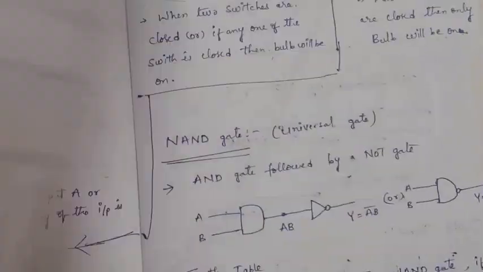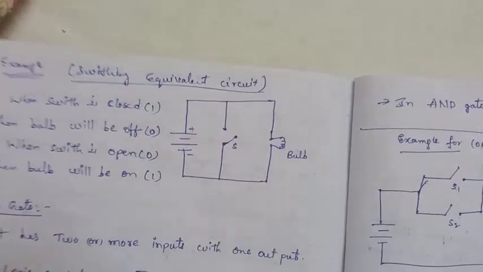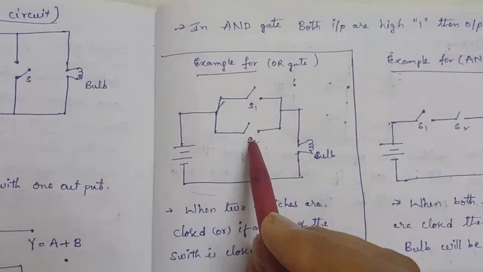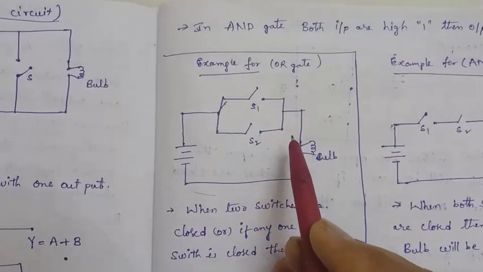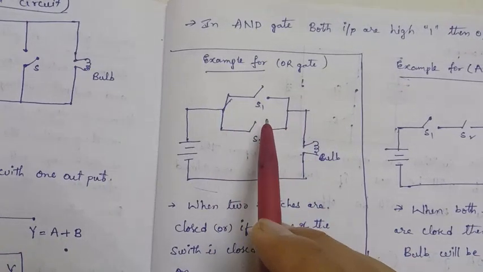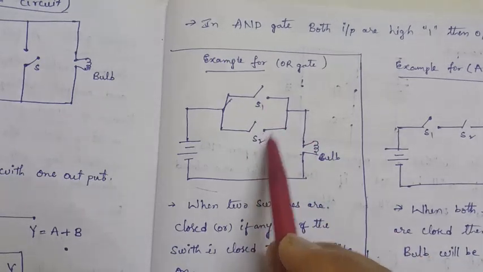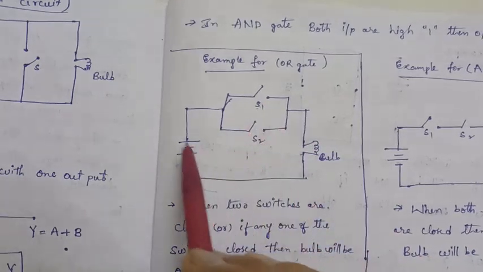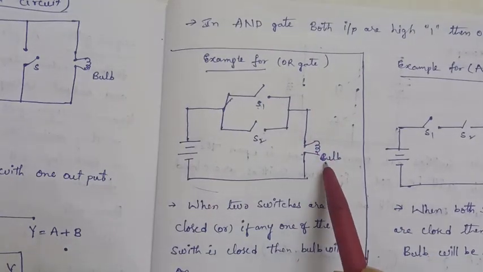But in the previous circuit, if this was closed, a closed circuit was formed in between, and that's why it became a short circuit. But here, even if these 2 switches are closed, it will not form any closed circuit, so it will not become a short circuit. Remember this. If these 2 switches are closed or any one switch is closed, then we get a complete closed circuit and the bulb will be on.